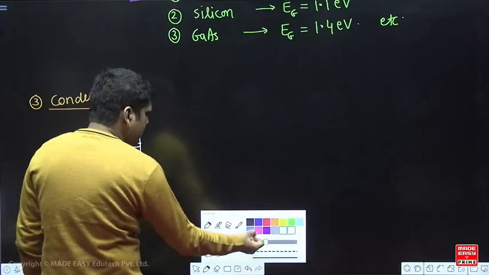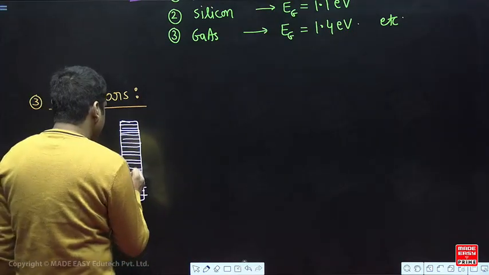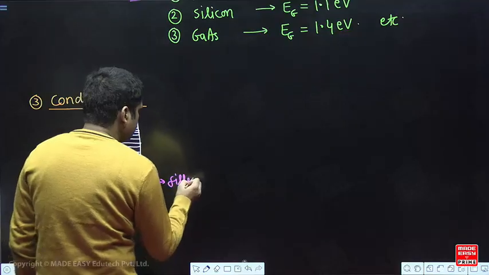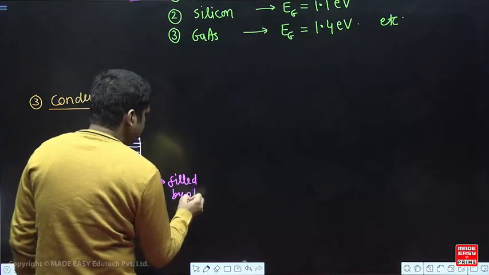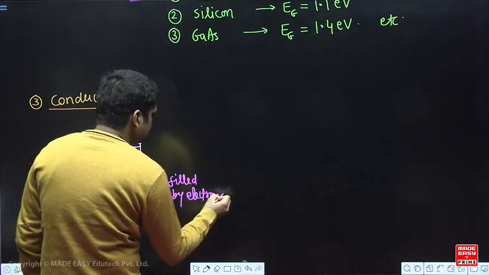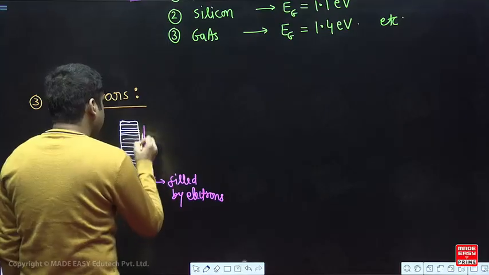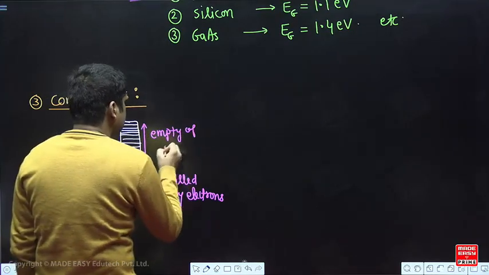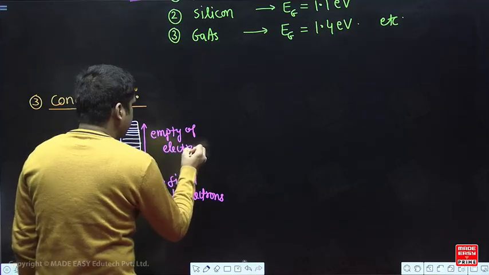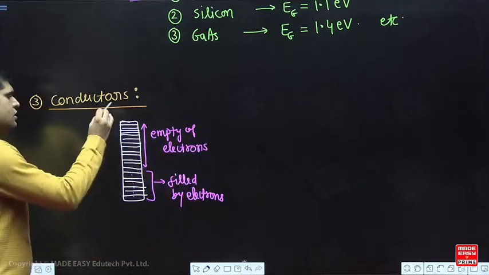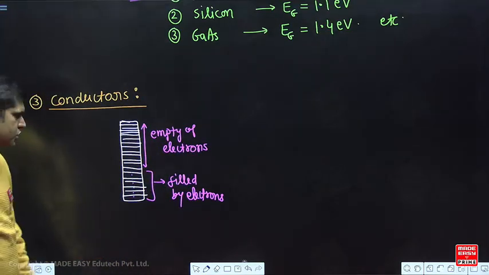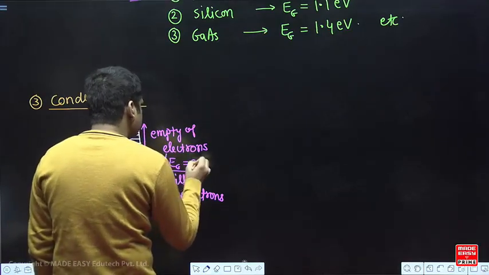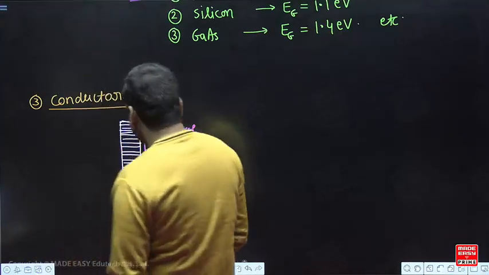Some of the bottommost states would be filled by electrons and some will be empty of electrons. So there is no gap, there is no band gap. All these are in continuity. So these materials have energy gap Eg equal to 0. Valence band and conduction band overlap.